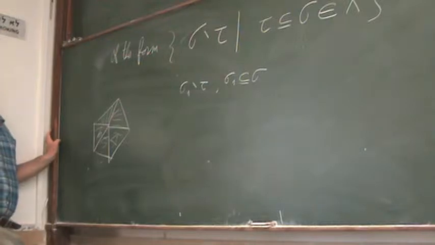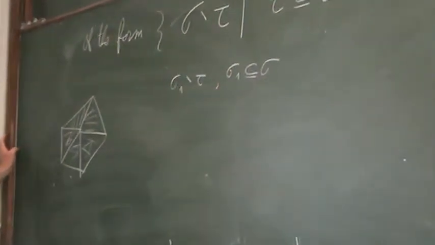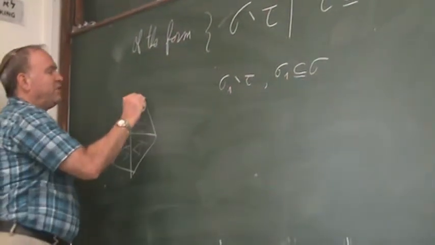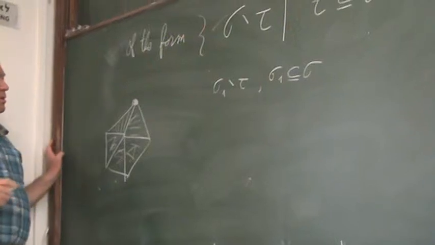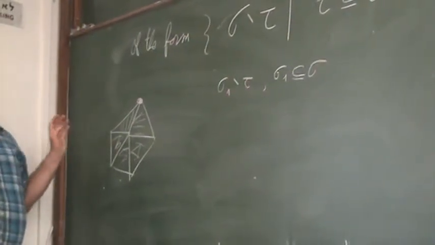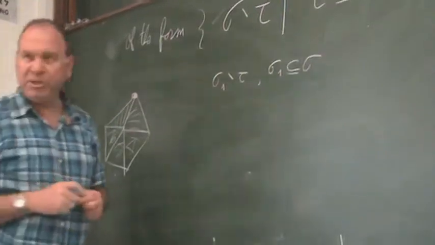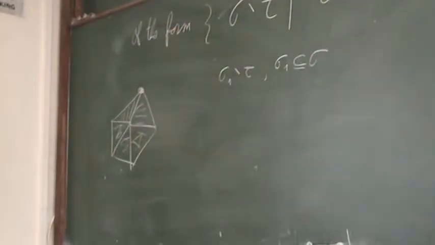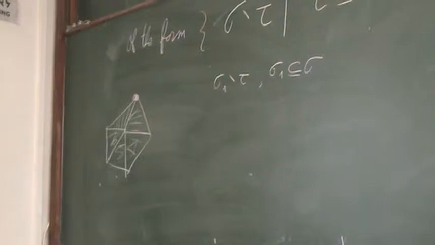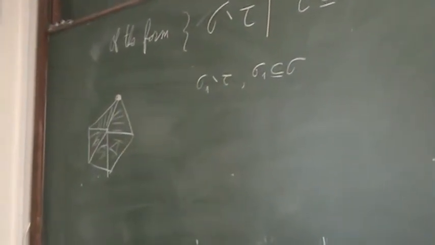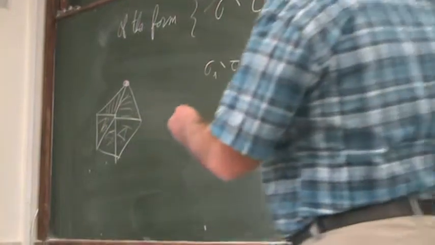And you ask yourself, what is the link, say, of this vertex? I'm looking at all the simplices containing that vertex, and I delete the vertex.